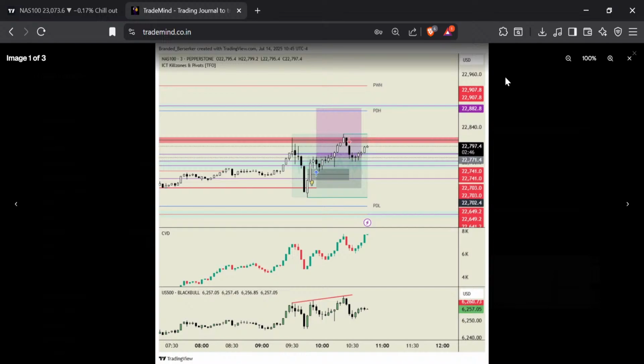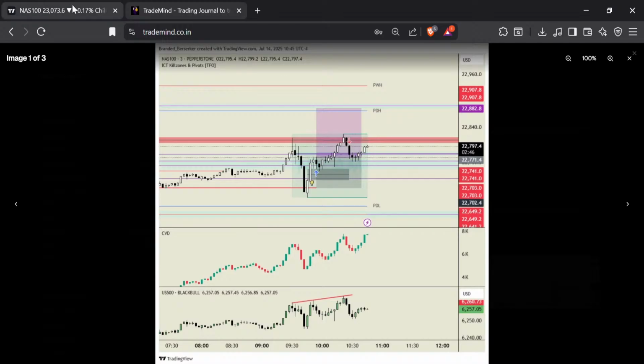I can trail my SL only if it suits my strategy and if it is logically right. But due to emotions, you can't move your SL. That's the lesson I learned today in this weekly review.